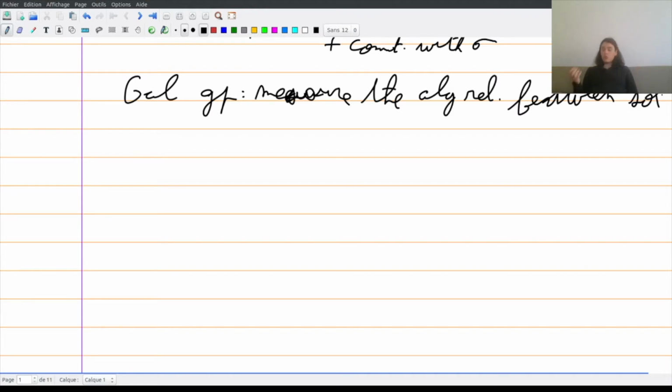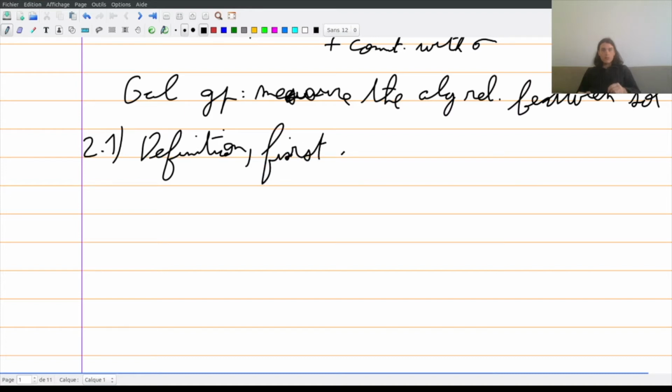So the bigger this group is, the fewer algebraic relations you have among the solutions. So let me start with some definitions and first properties.